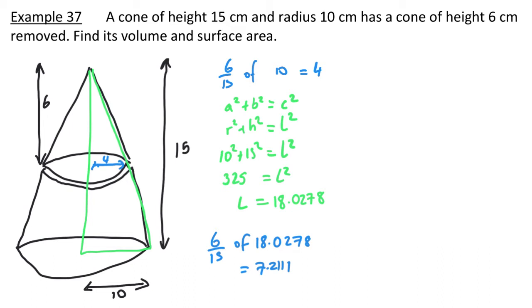So if we're looking for the volume of the big cone, it's going to be a third times pi r squared times h, which is a third times pi times 10 squared times 15.